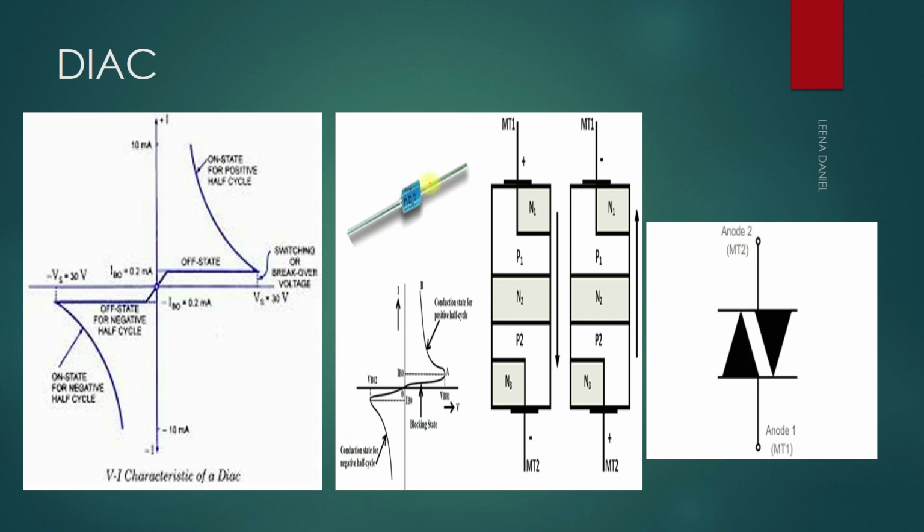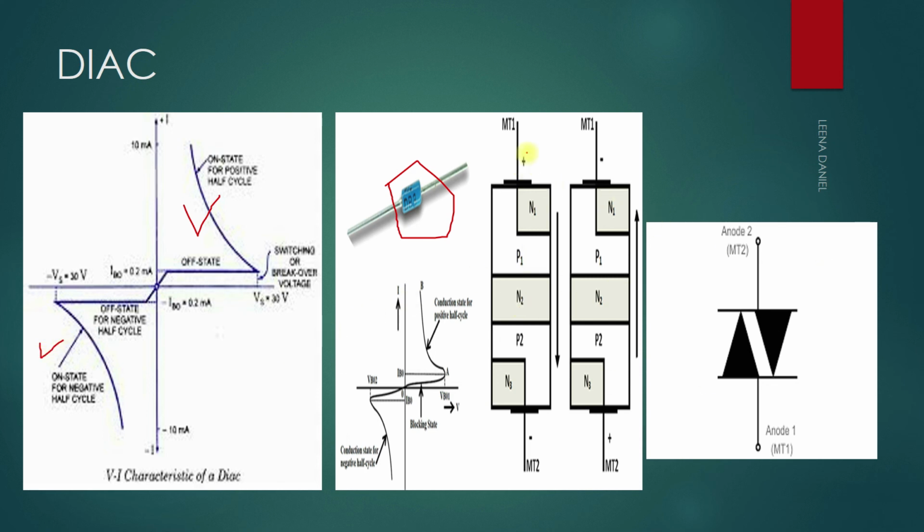This is the actual picture of the diac, and see the characteristic in both the diagrams. I have shown the VI characteristic of the diac, and here you can see that it can operate in both directions, forward and reverse.